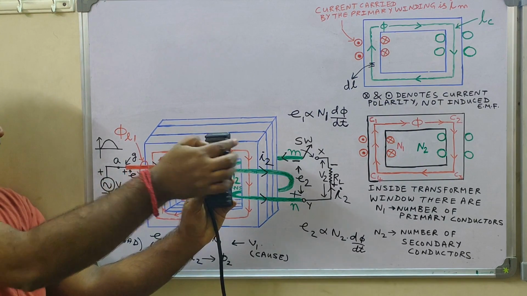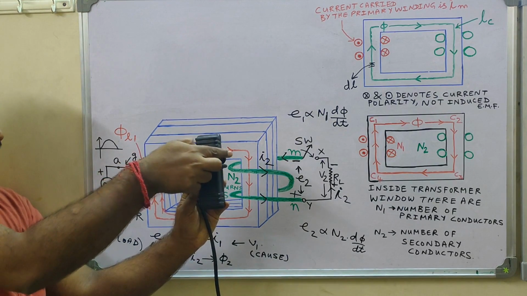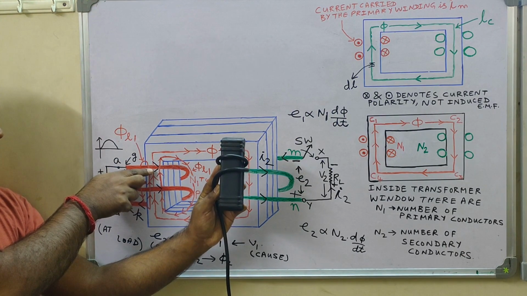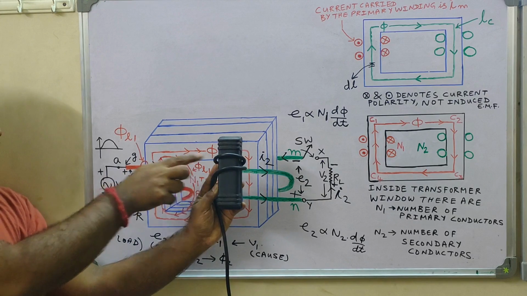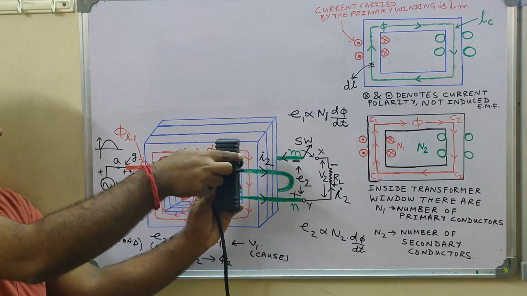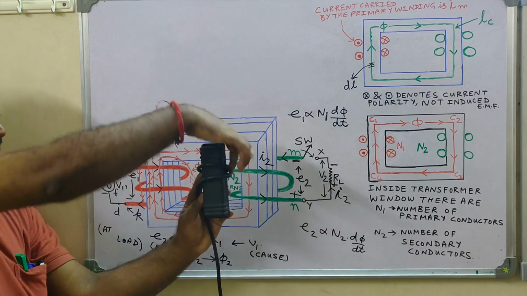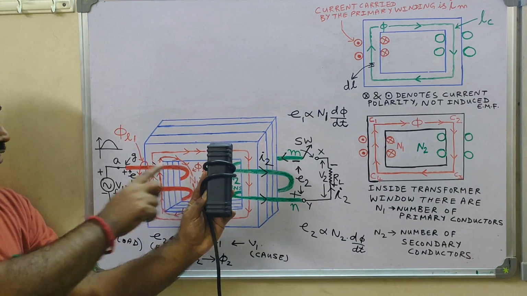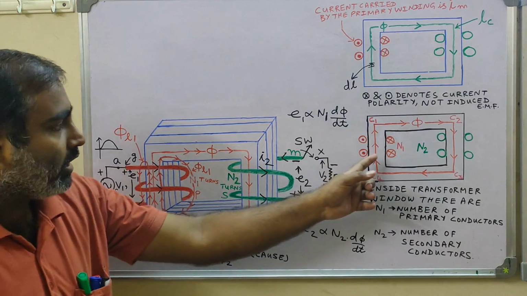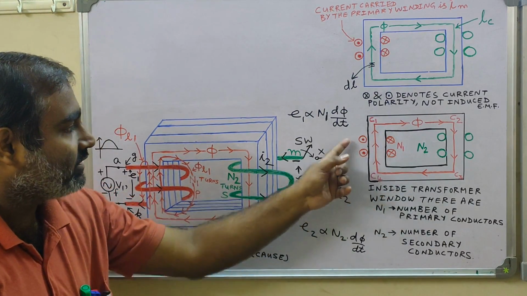If you take this side of the limb, then current is entering into the board through this portion. This is the arrow indicating the direction of current. So current is entering into the board this side, so this side will be crossed. Again from behind it is coming, so this side it will be dot. That's what is shown here. For the limb around which the primary turns are wound, this side is cross and this side is dot.